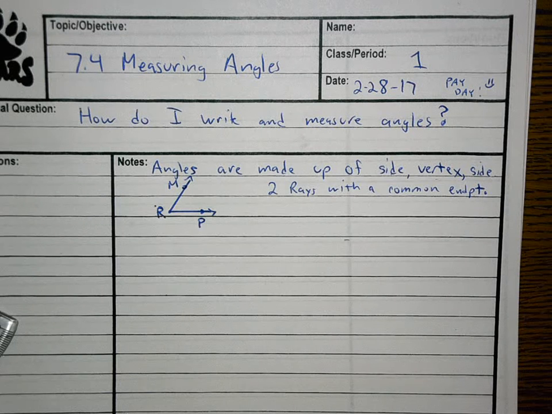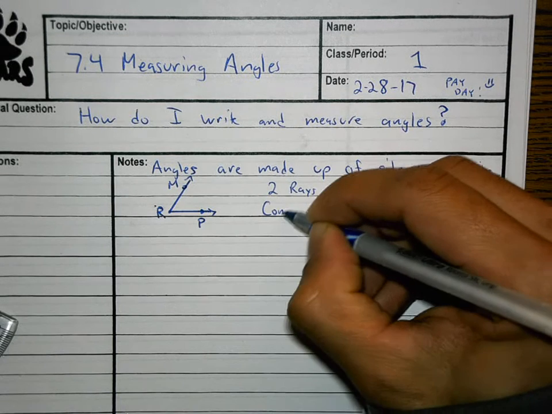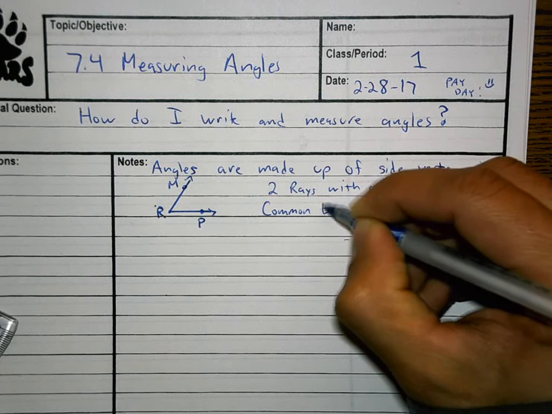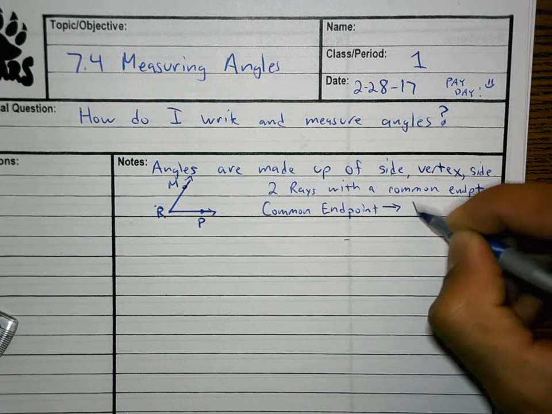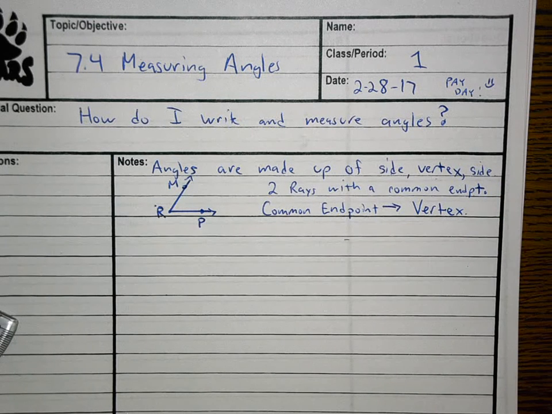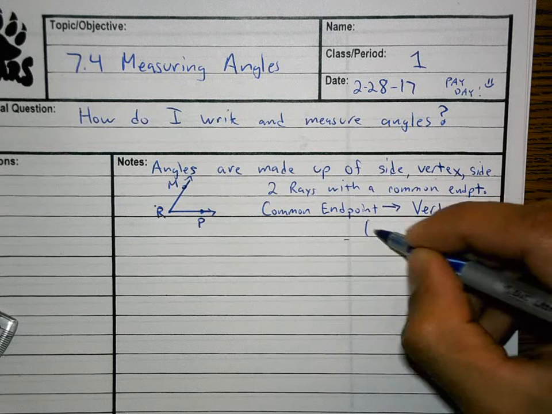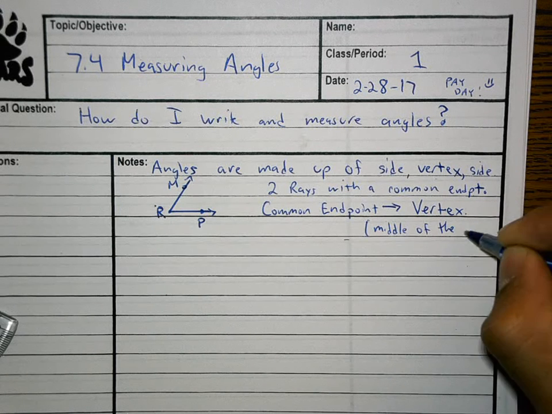The common endpoint is called the vertex. Think of the vertex as the middle of the angle. So I'm going to write that down. It's the middle of the angle.